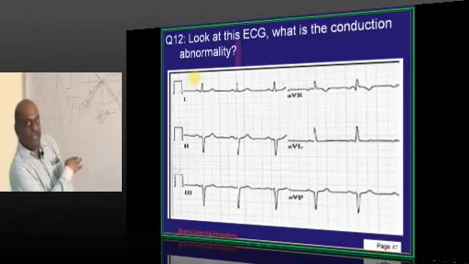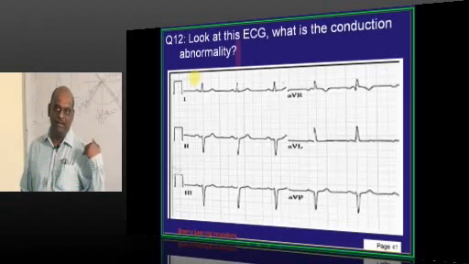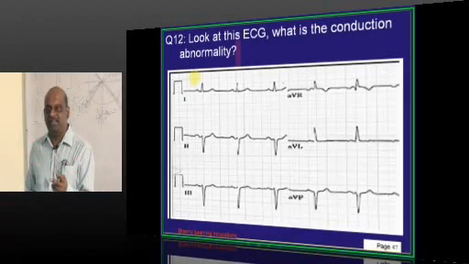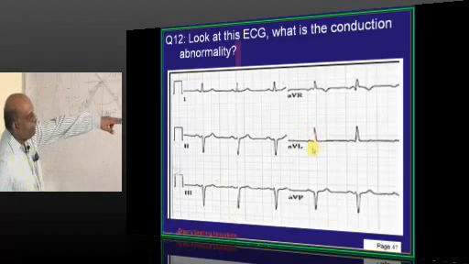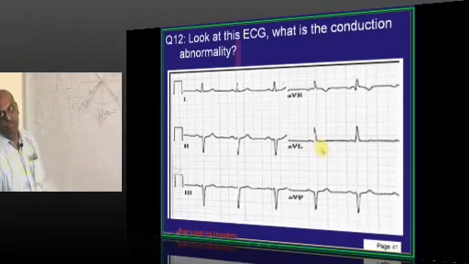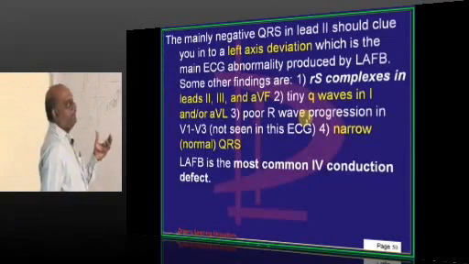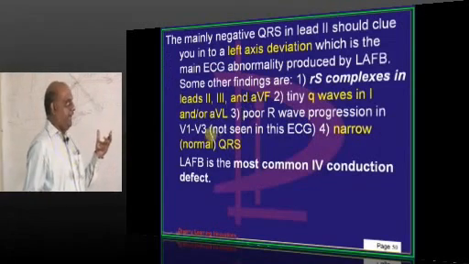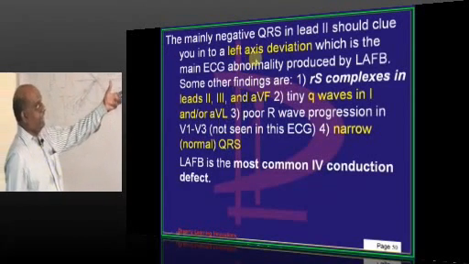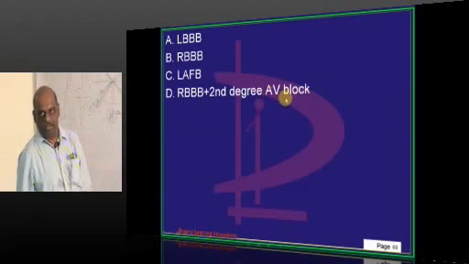So there is a reason: aVL and lead 1 are called lateral leads. In lateral leads, if you find a small Q wave before the R wave, then what is that combination called? Lead 1 and aVL, if you find that, you call it left anterior fascicular block.